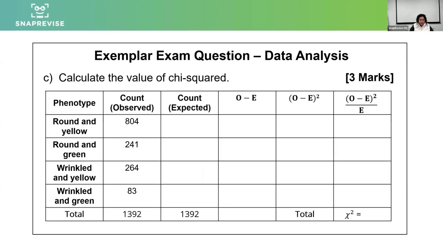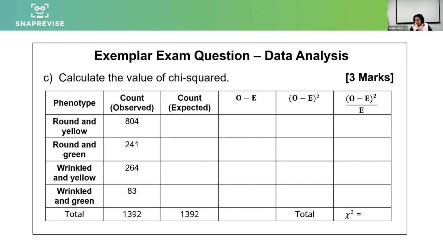And finally, I have to actually calculate the value of chi-squared. It's quite a lot of work for only 3 marks, unfortunately. But overall, the entire question together is, of course, worth more. Again, I have the challenge of how will I figure out the expected ratios from the observed ratios.